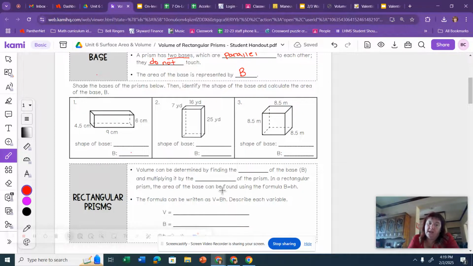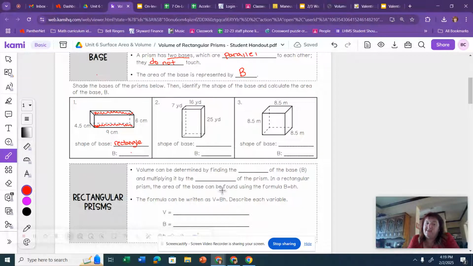So let's go here and let's first identify the base. Whenever you have something laying on its side and it's a rectangle, so the shape of the base is a rectangle, we just always say use the bottom numbers as the base, the ones that are touching the surface. So this is the base. These two are the bases. They do not touch, okay?